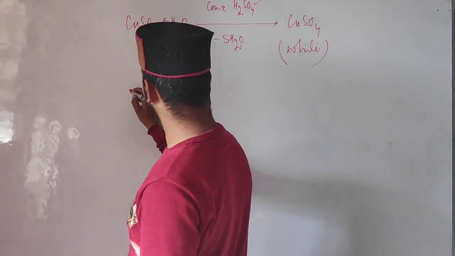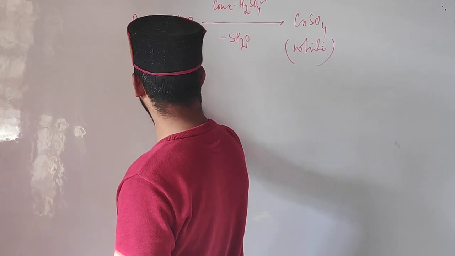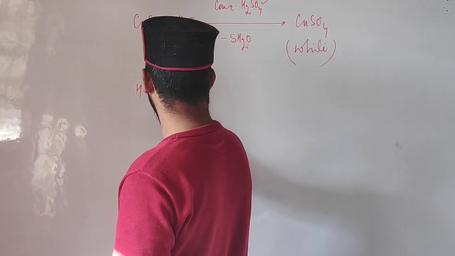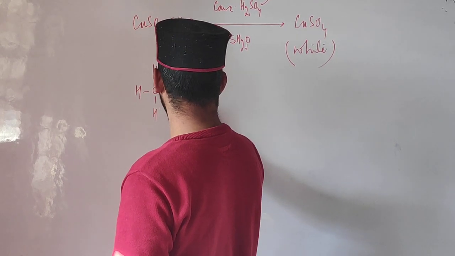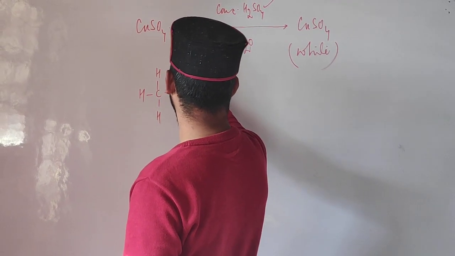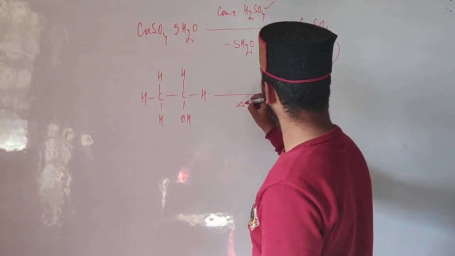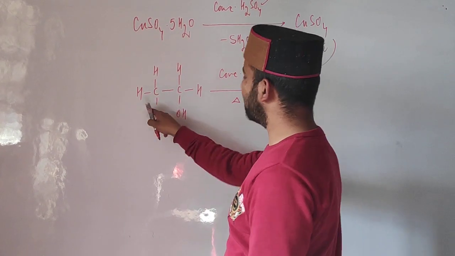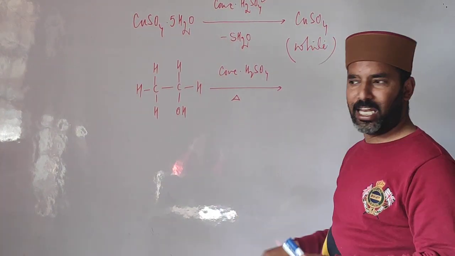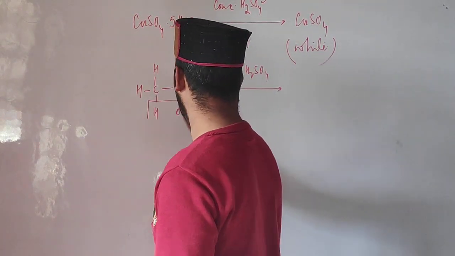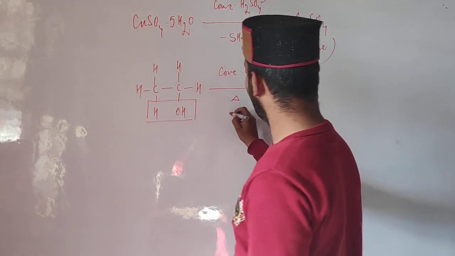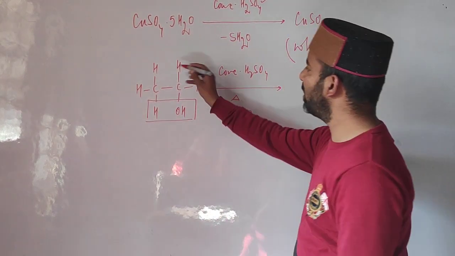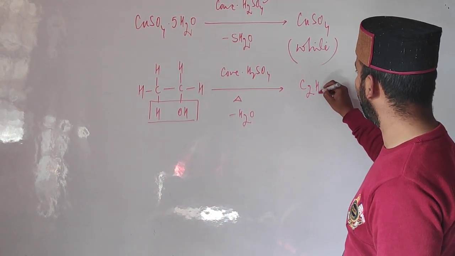We have another example, students. I have ethanol. Now this ethanol is an alcohol, but when we heat ethanol with concentrated H2SO4, as such there is no water in it, but there are elements of water. So H and OH are removed by concentrated H2SO4, and we get ethene, C2H4.